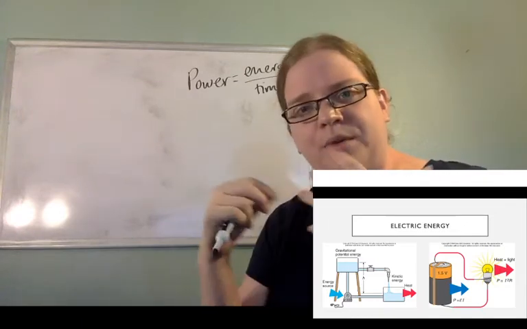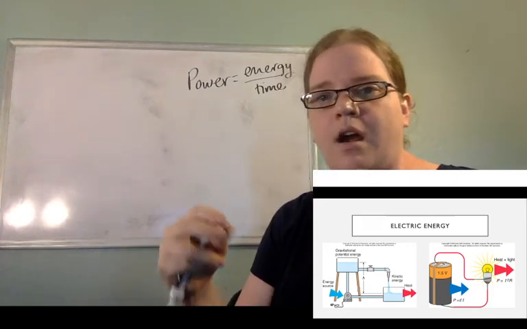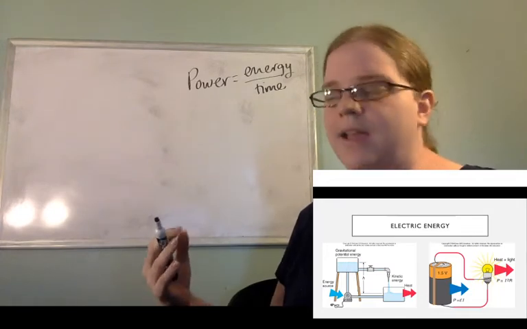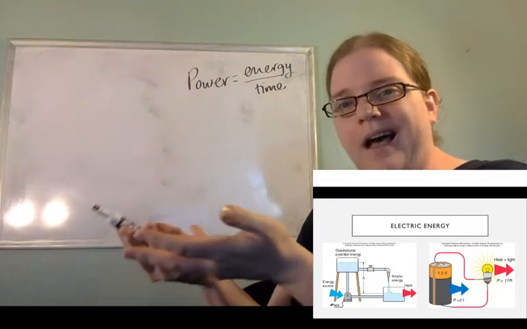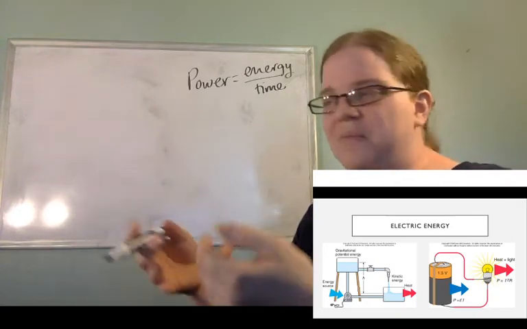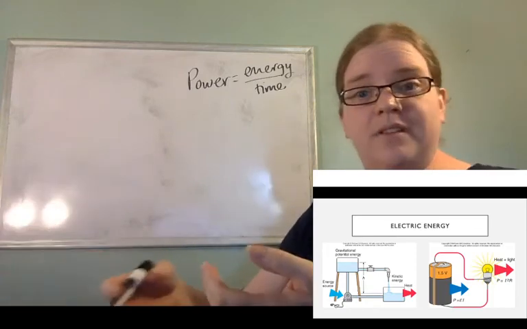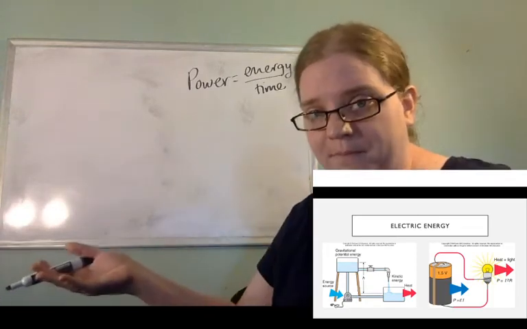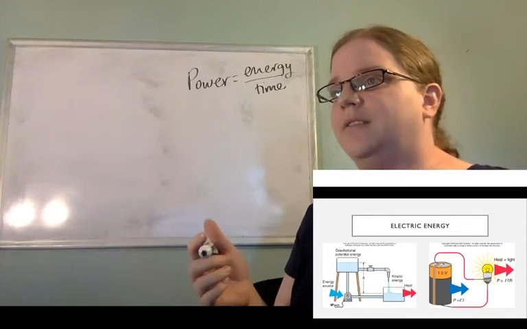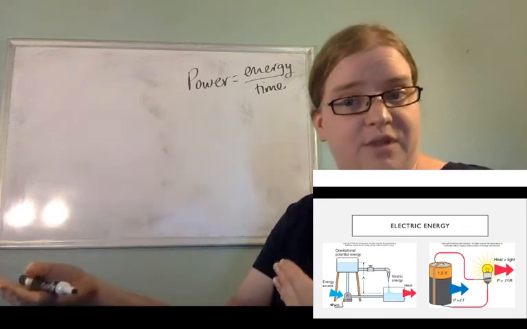The other way with electricity is that usually we don't care about the total amount of energy that we get from a circuit. If I have a light bulb, I care how bright that light bulb is, right? How much energy do I get from it in this moment, but not over its whole lifetime. So power is useful with light bulbs because it tells you every second how much energy you get from it.